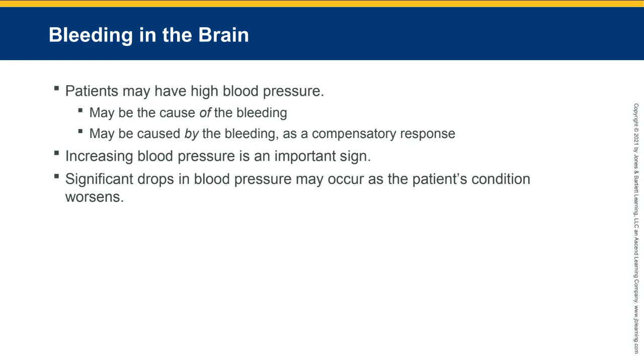But increasing blood pressure is not going to be a good finding. Low blood pressure is going to be even worse. So the rise in the blood pressure could indicate that the pressure inside of the skull is increasing. We call that intracranial pressure. If the blood pressure starts to fall, then the entire brain is going to be affected. So neither is good.